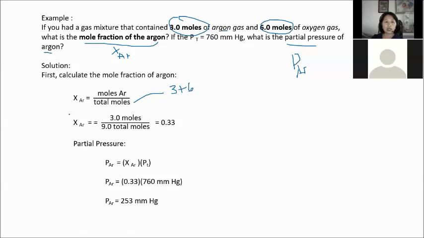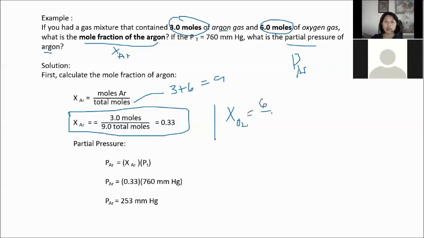So to find X of Ar is moles of Ar divided by total moles. So Ar is 3, total is 9. And if ipakuha yung mole fraction ng O2, simply 6/9.